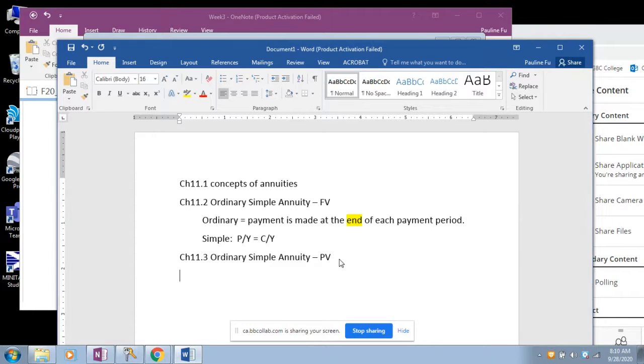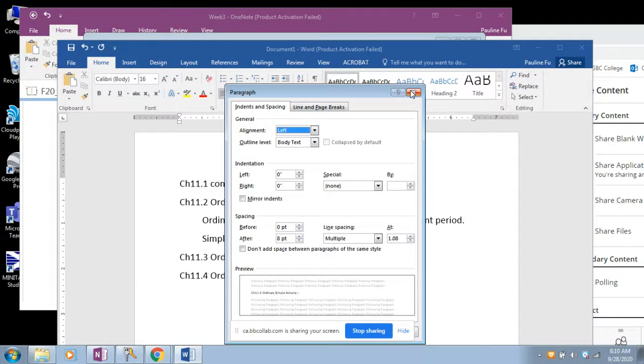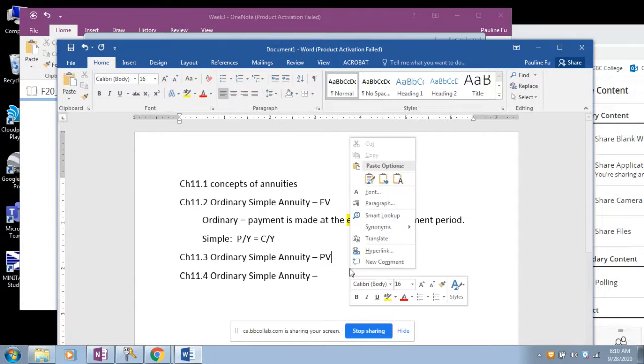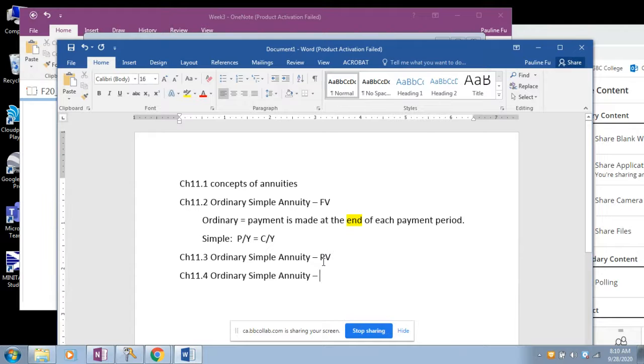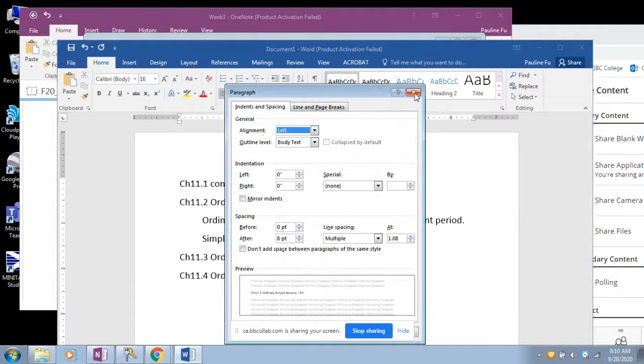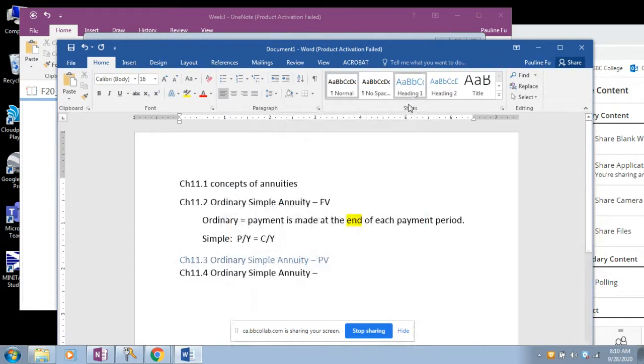And in section 4, we calculated ordinary simple annuity for payment. Okay. So those are the things we have done so far.